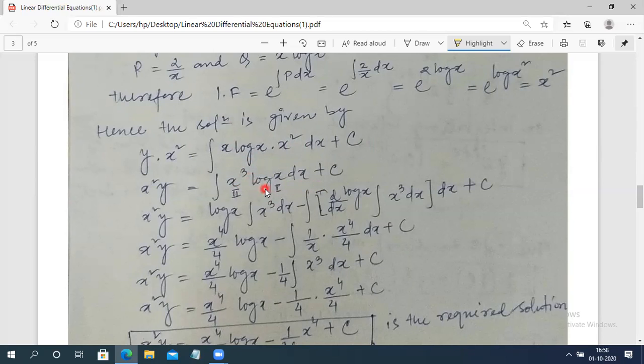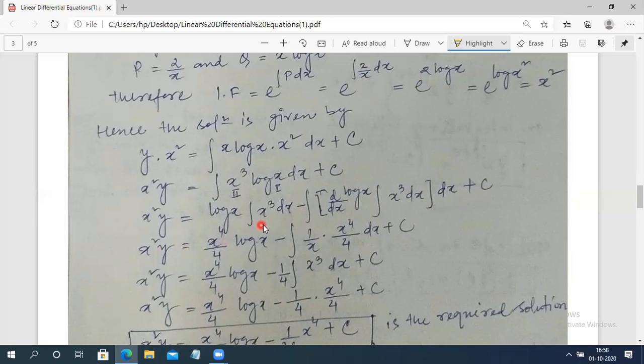Now if we consider these in product form, log x will be the first function, x³ will be the second function, then apply the product rule of integration: first function into integration of second, minus integration of differentiation of first function into integration of second with respect to dx. The whole term should be integrated with respect to x plus c.